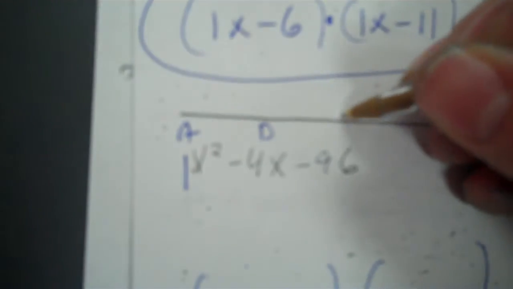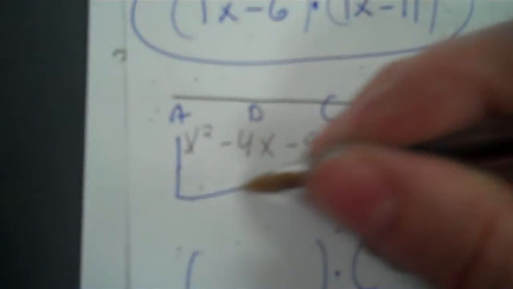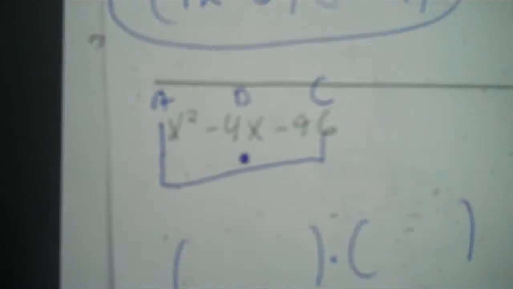A, B, C. So you take 1 times negative 96. Again, you're multiplying these. That's negative 96. So that's a mismatch. Positive, negative.